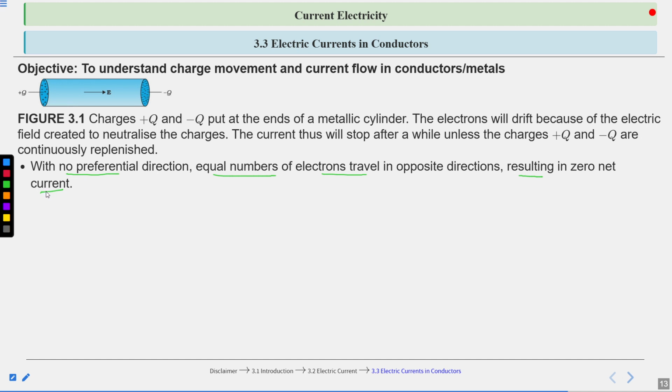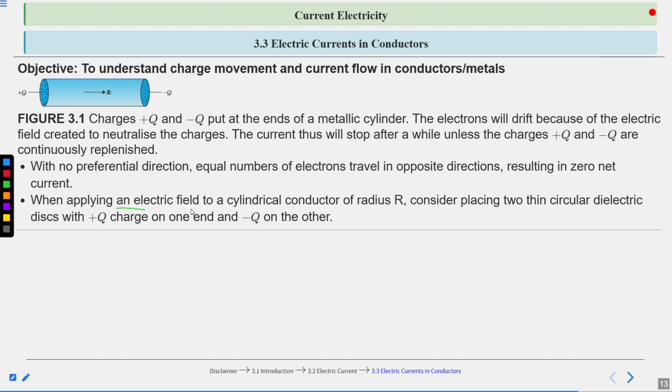When we connect the ends of the conductor to battery terminals with wires, a potential difference is created, due to which an electric field is created, and electrons start moving in specific directions. But in the absence of electric fields, electrons travel in random directions, resulting in zero current.